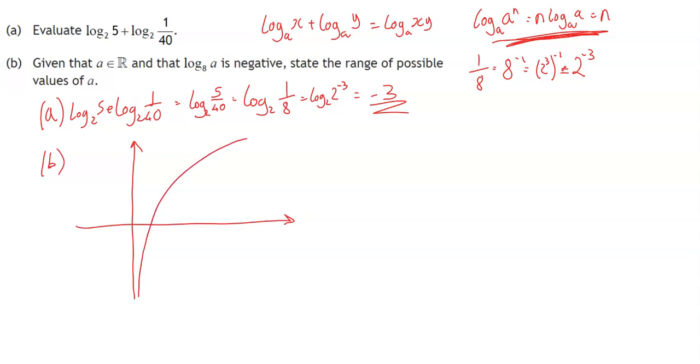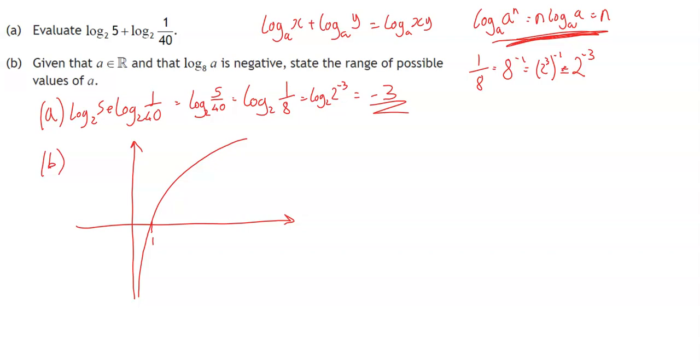Remember, logs are the inverse of exponentials. It'll always cut here at the value of 1, and that's how it'll look every single time. A key thing to notice is that between 1 and 0, it gets closer and closer to the y-axis, but never physically crosses it, because we can never take log of a negative value. So we can never do, for example, log to the base 8 of negative 6. Calculators would give us an error for that one.